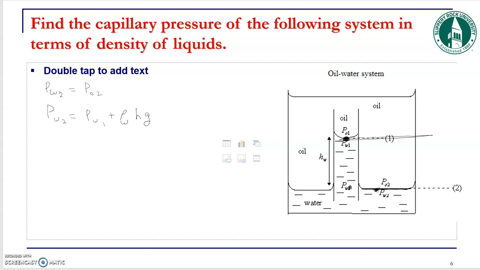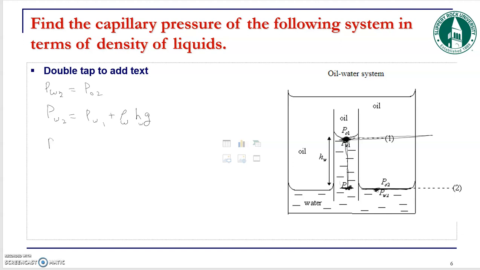So whatever pressure is here plus the hydraulic pressure addition from this height of liquid. So that would be PW1, whatever pressure is being applied at this point, plus rho G HW. So this is basically HW. All right, so that's one equation.